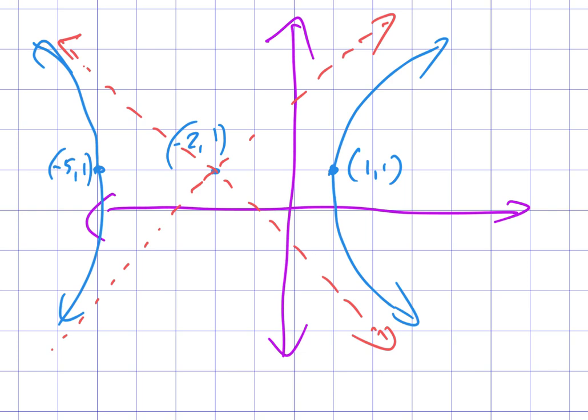But if this were my hyperbola, my equation would be, let's see, x minus a -2 squared. It's horizontal, which means my x is positive.